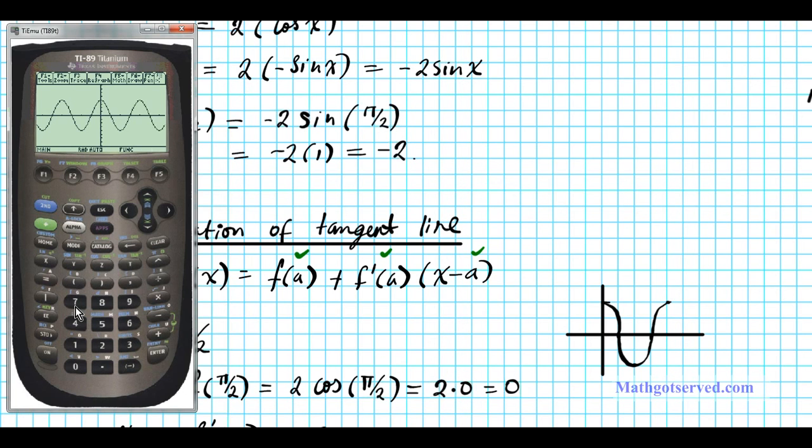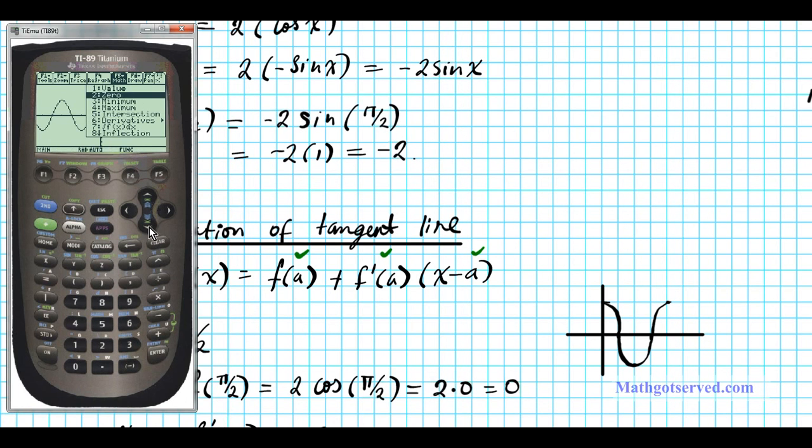We also want to see what the graph of the tangent line is. And the beauty of the function we're about to use is that not only does it generate the graph of the tangent line at a specified x value, but it also gives you the equation of the tangent line. Okay, that's excellent. So let's go ahead and do that. We're going to go to the math menu, F5.